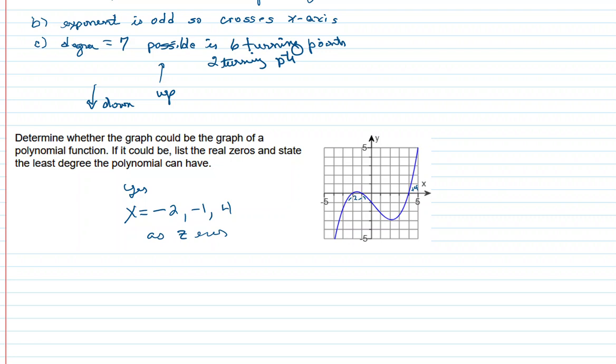So the least degree is what? How many zeros? 3. Well, actually, yes, because we have 2 humps. Okay, everybody good? All righty.